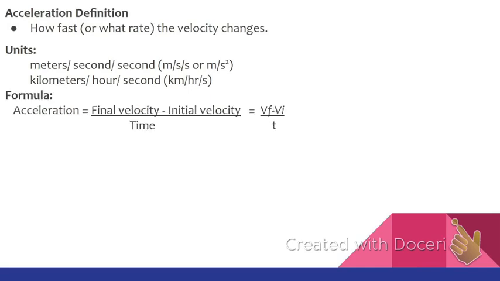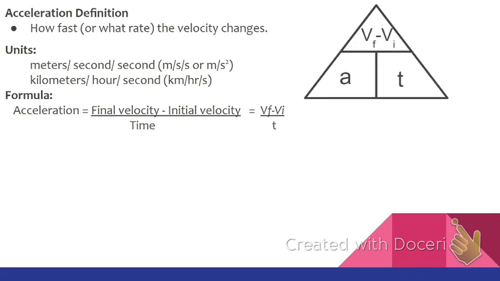So our formula for acceleration is the final velocity minus the initial velocity divided by time. We shorten that to VF minus VI, so velocity final minus velocity initial, divided by time. We have a power triangle for this, and it looks like this. So acceleration is equal to the change in velocity over time.